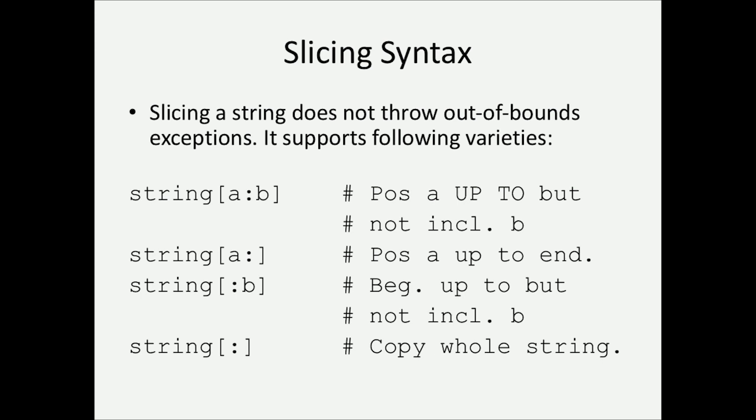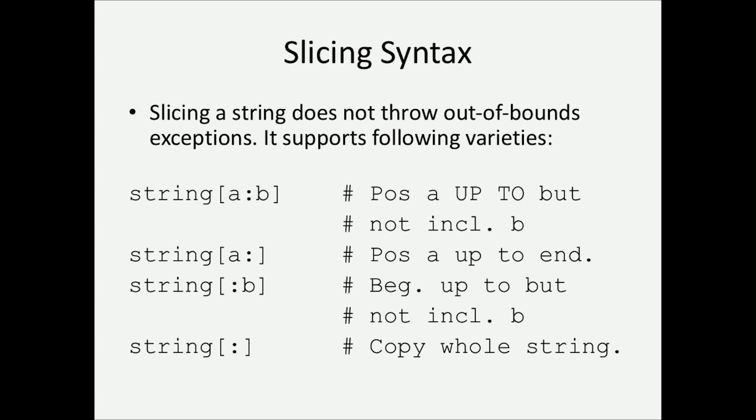How do I read this? You need to read this correctly. What this syntax says is it will start with position A, and that's an index, and it will give me the entire string up to but not including B. Now that's a little tricky because we're including A, but we're actually excluding position B, and I will show some specific examples.